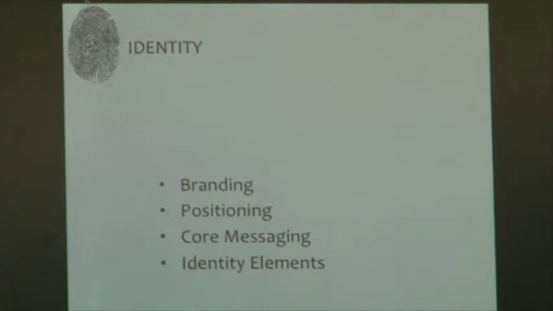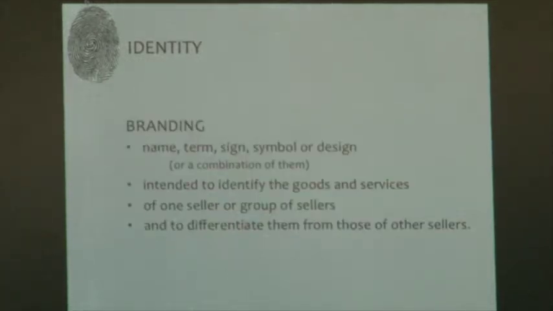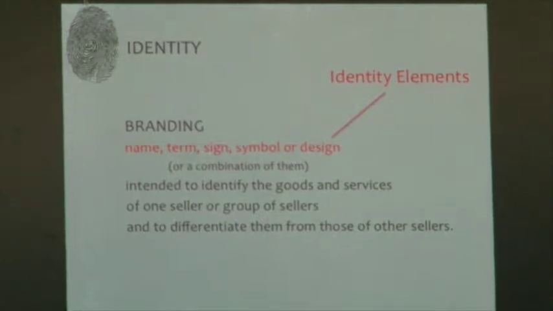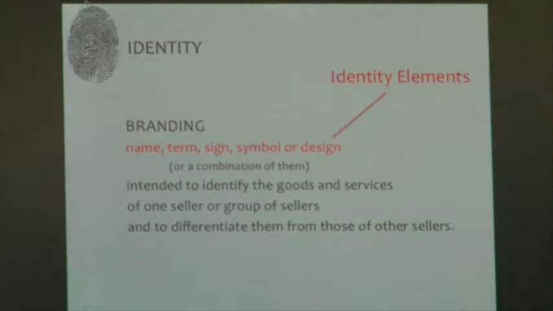Now, let me talk about this. This is a definition of branding right here. I know you're tempted to look at the slides here on the right. Just look at the one on the left here. The first part of this definition talks about elements that constitute the identity. How do people identify you? By your name and what your face looks like.